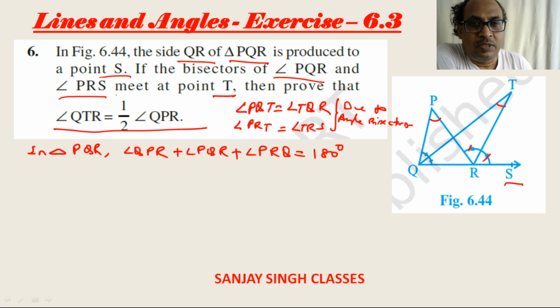Okay, so it means this angle QPR will be as it is, but angle PQR we can write, utilizing this one, angle PQT plus angle TQR. So we can write angle PQR as 2 times angle TQR.